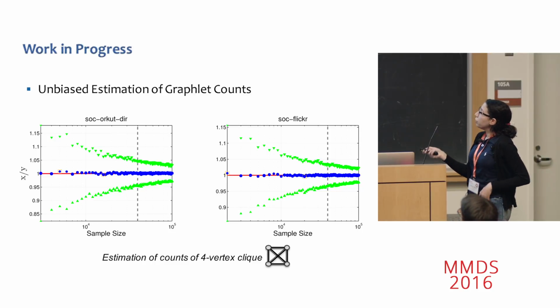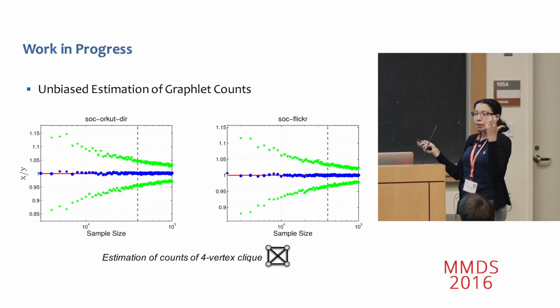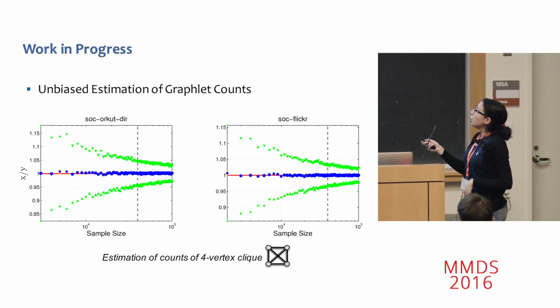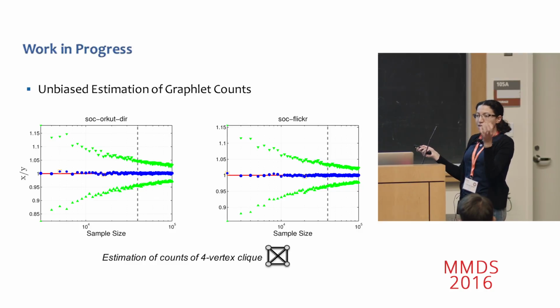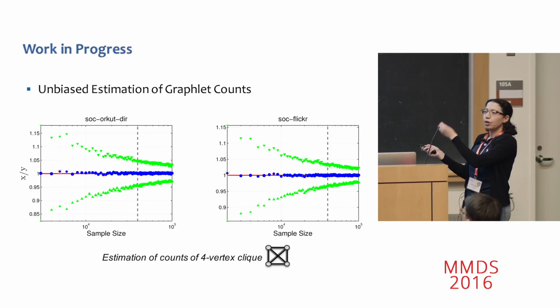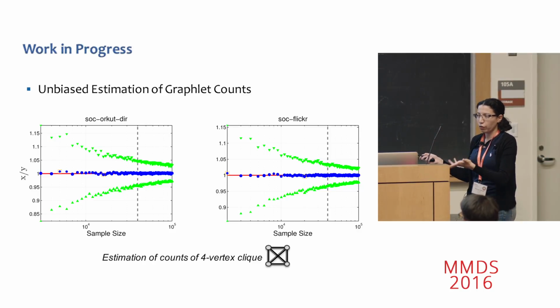What we are doing right now is trying to build an unbiased estimation and sampling framework that can be integrated with the original graphlet framework, where you could significantly reduce the size of the graph while you can still obtain an unbiased estimate that's accurate enough to give you an idea of what is going on.